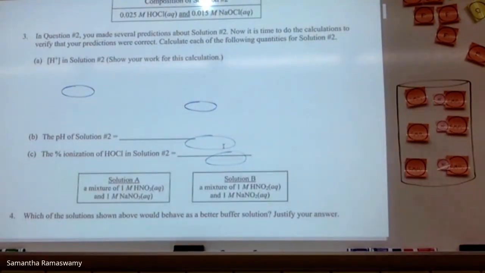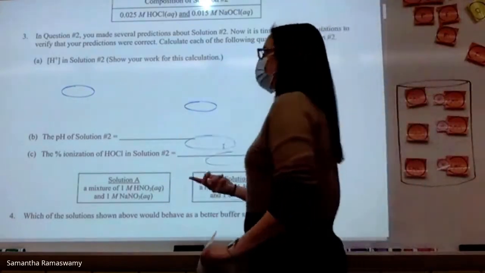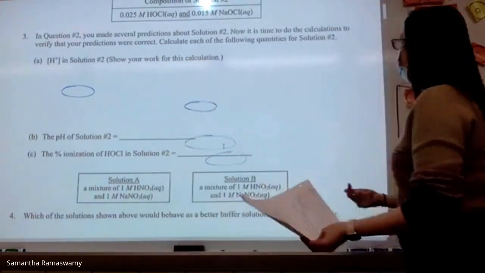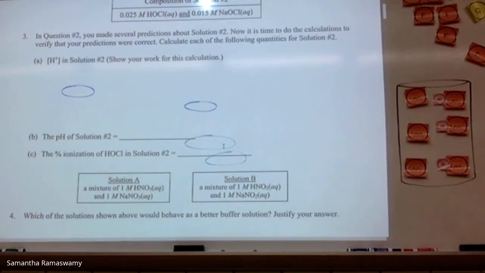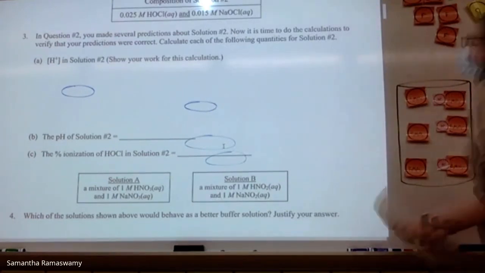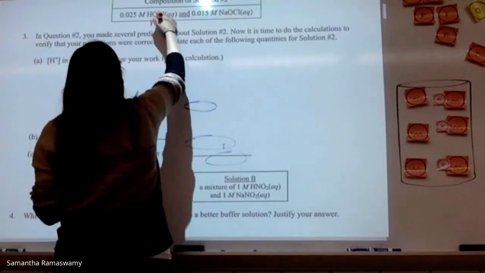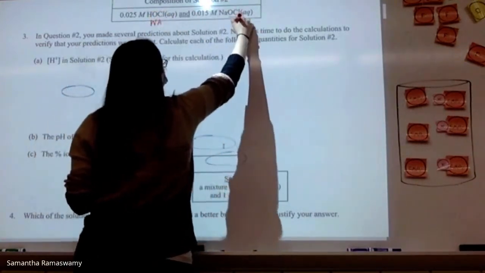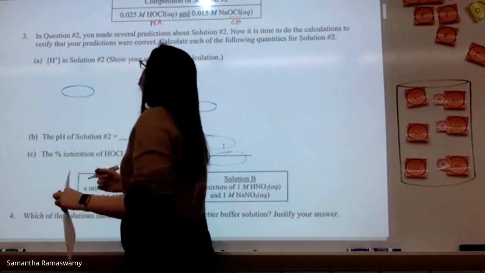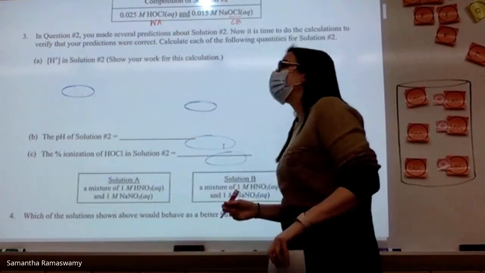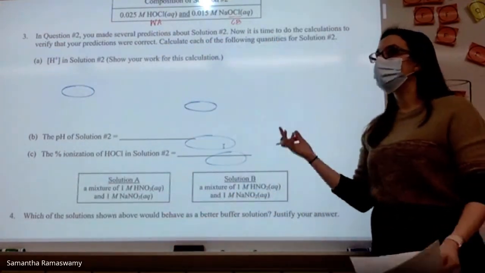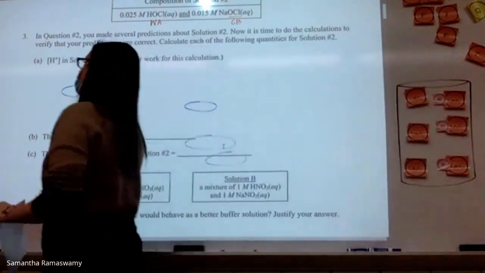Now we said that solution 2 was a weak acid and its conjugate base. If it's a weak acid and its conjugate base, what is it? The buffer. Now you could actually solve part A one of 2 ways.